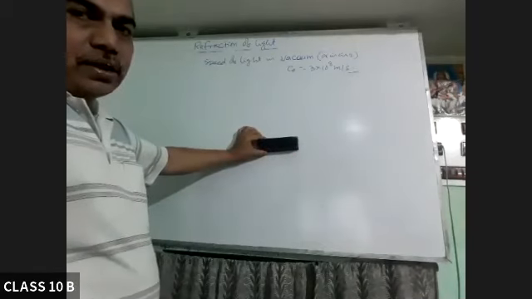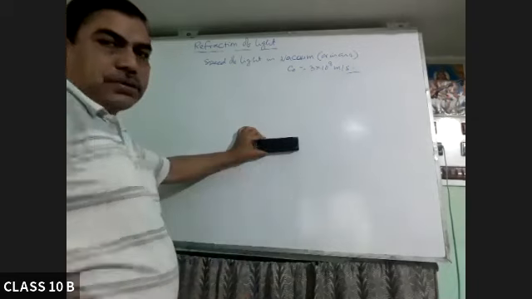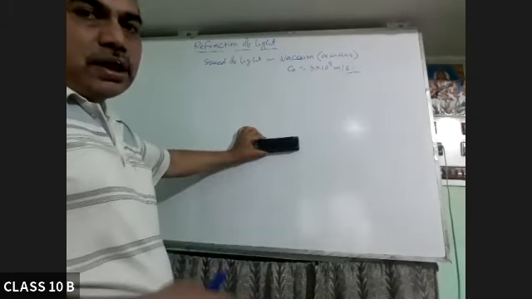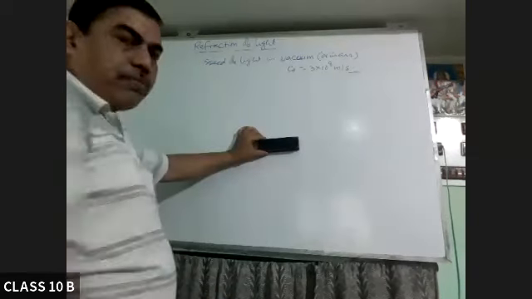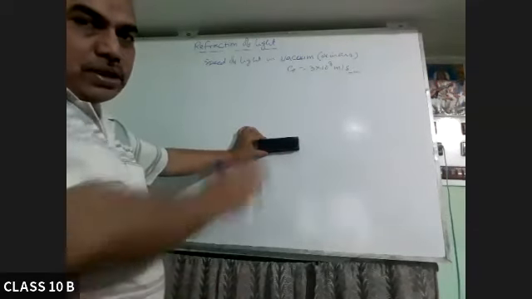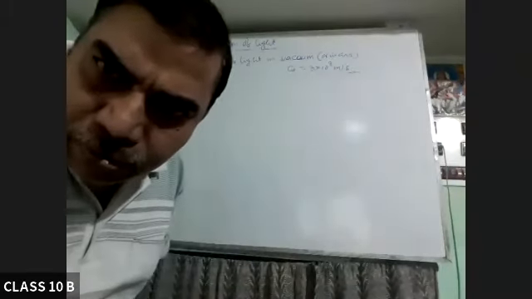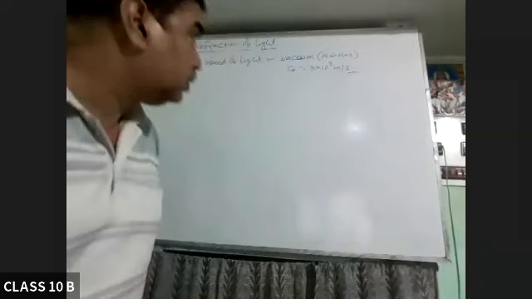What is happening here? The light which has fallen on this surface is absorbed. That's why it is appearing black. No light is reflected. So it is absorbed.